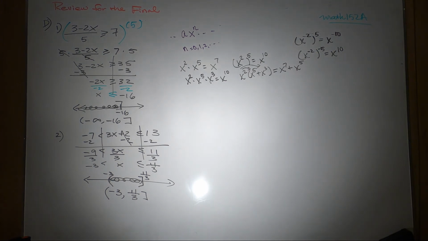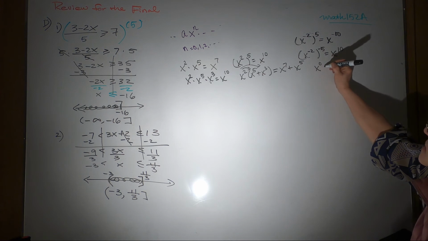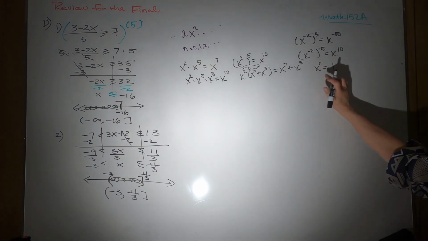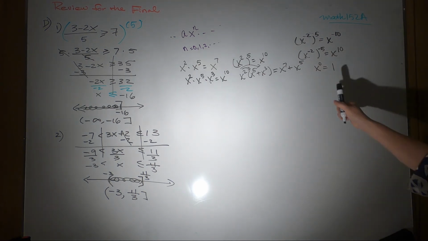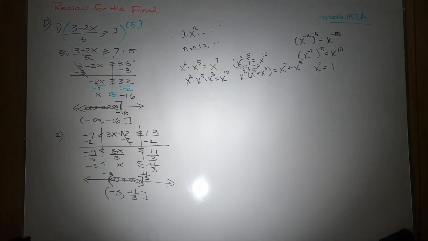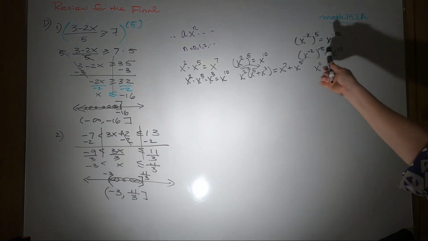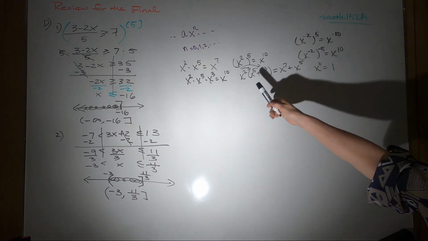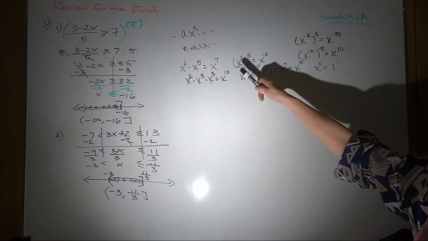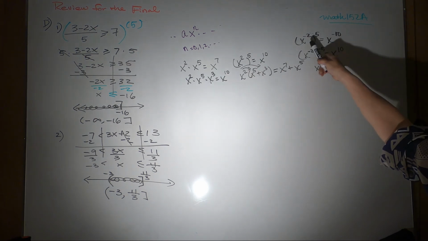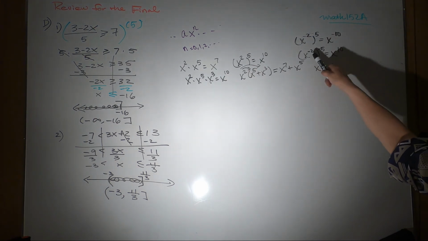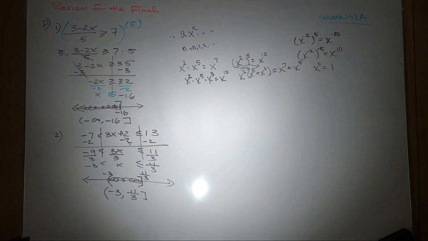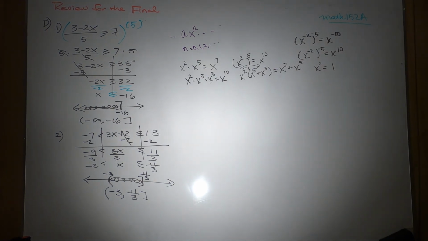We also say anything to the 0 power is 1. Base cannot be 0, but power can be 0. So when we learn polynomials with many, many terms, we also learn the powers, how to operate them, and use the property, even if the power is negative, it should be okay.